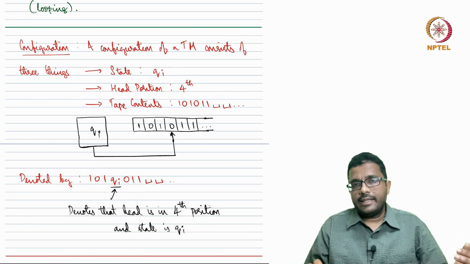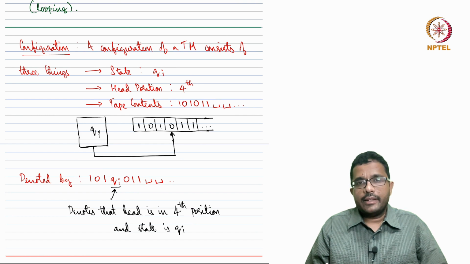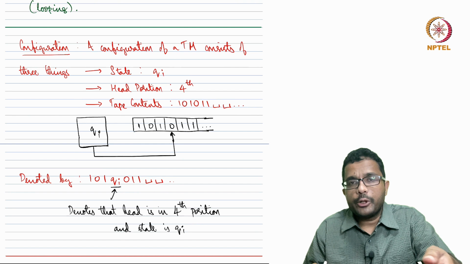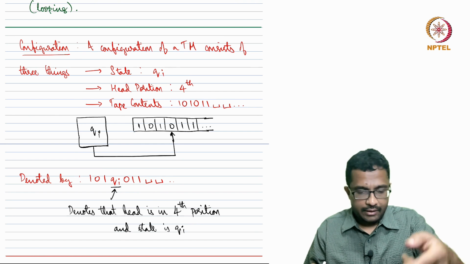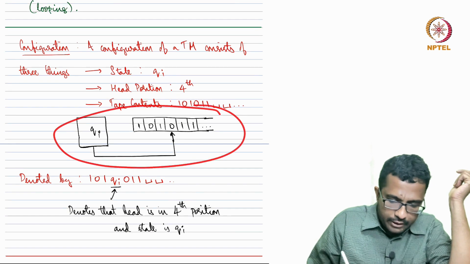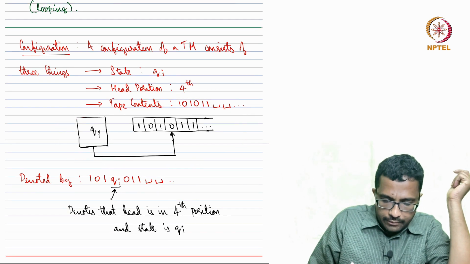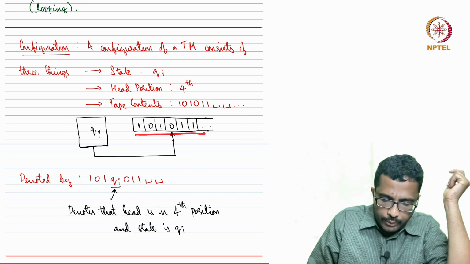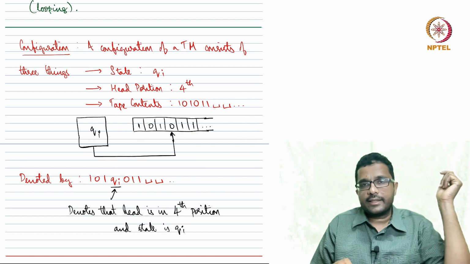It contains the state, the head position and the tape contents. So once I tell you all these three, you can continue the computation from this point. Right. So in this picture over here, the state is Qi, head position is 4th, right? It's pointing to the 4th symbol, and the tape contents is 10 10 11 followed by blanks.